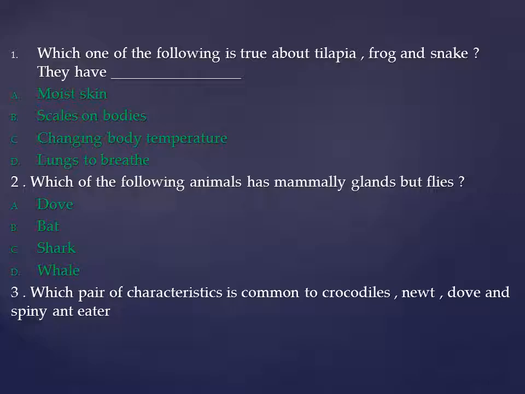Fish lay eggs. Mammals give birth to young ones. A shark is not a mammal, it is an example of fish. Mammals have mammary glands for suckling their young ones. So, candidates, the correct answer is B. That is bat.